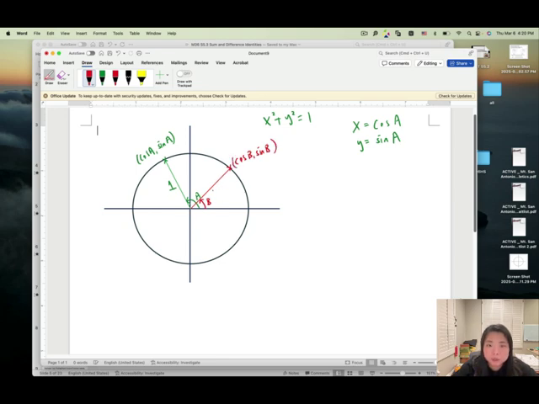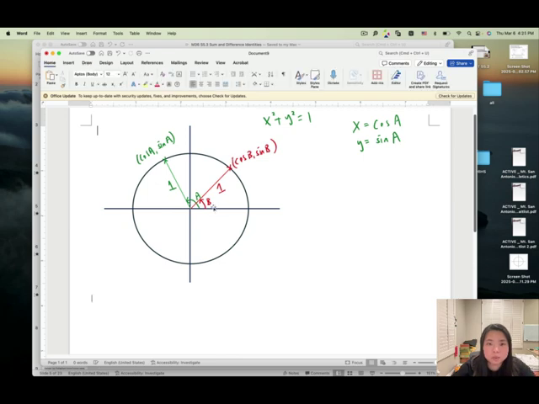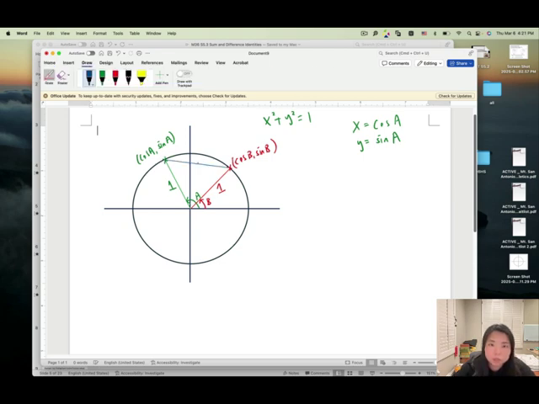Since this is a unit circle, the radius is equal to 1. When we have these two angles, angle A and angle B, I want to find the distance between these two coordinates. I'm going to call this distance D.